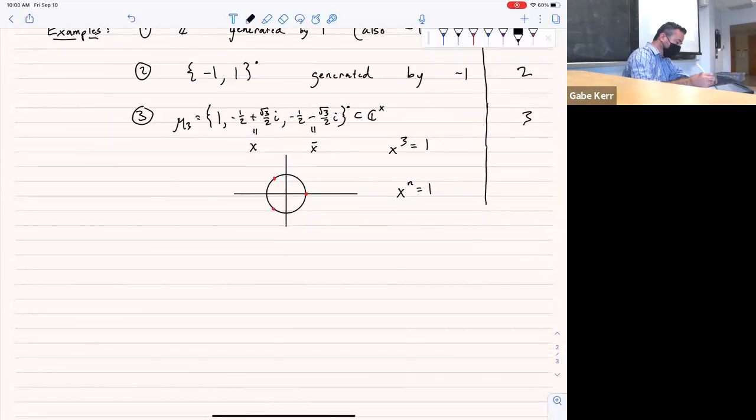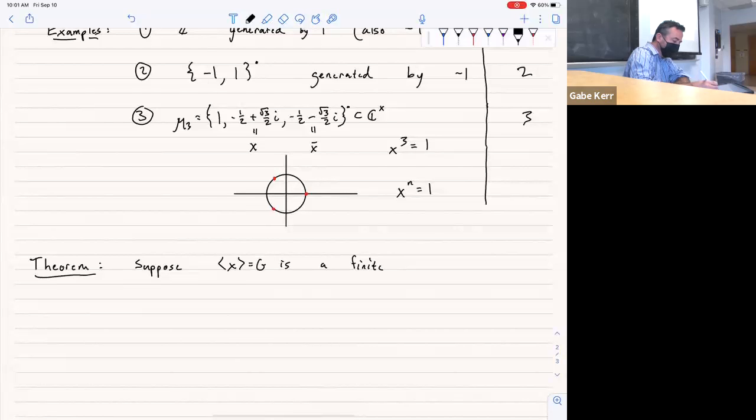So I'm just going to write this as a theorem. This is like proposition 2.42, but I'd rather just explain it to you. Suppose G is a finite cyclic group of order n.